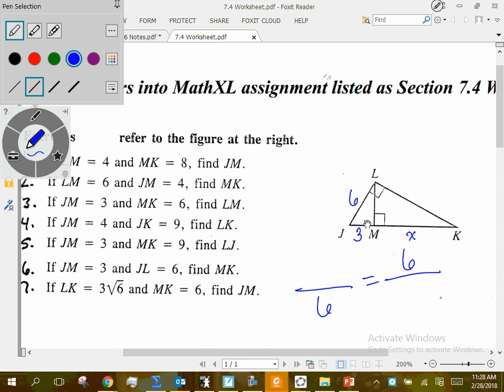Now, if a leg is what you're using as your geometric mean, then it's the geometric mean between the what and what? Or tell me what I should put here. 3 plus x. So it's the whole hypotenuse, right? And now, what should go here? 3. And that should solve for x for me.